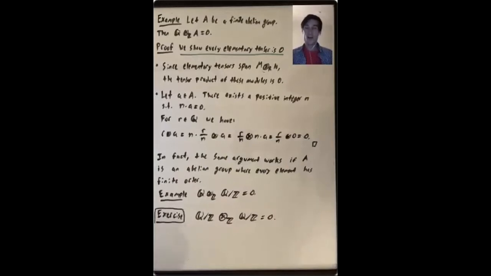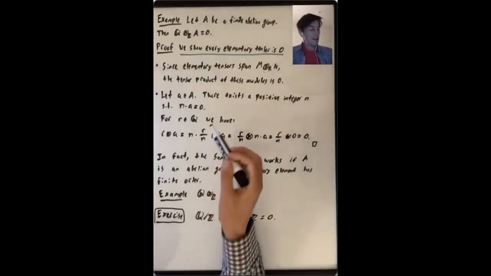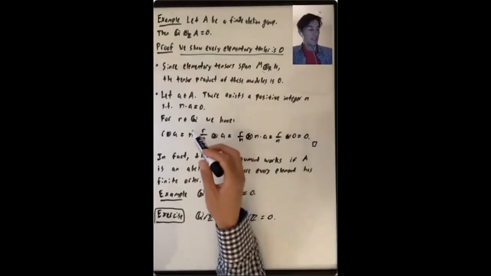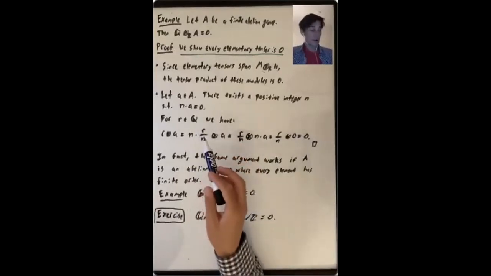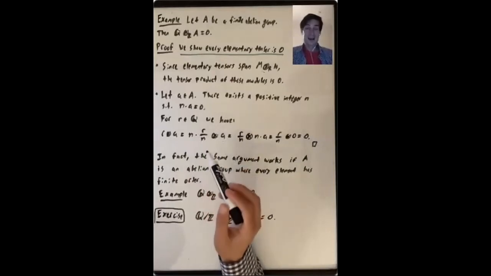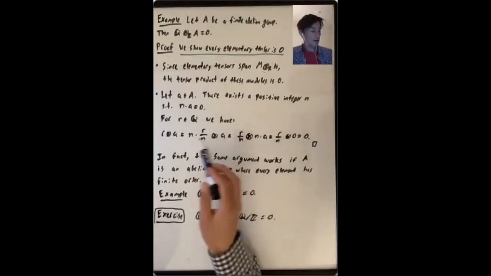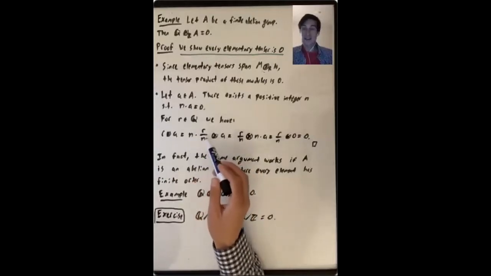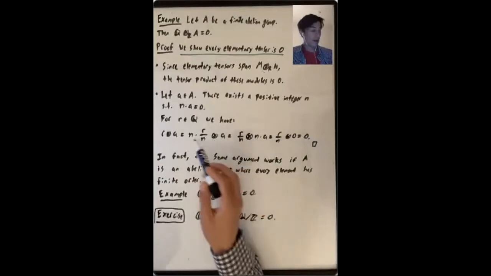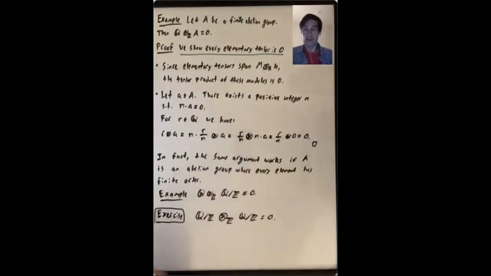Okay, so what did we do here? The important thing was to use the fact that in the tensor product, r dot m tensor n is the same as m tensor r dot n, that we can move this element of our ring acting on our module element from one component to the other.